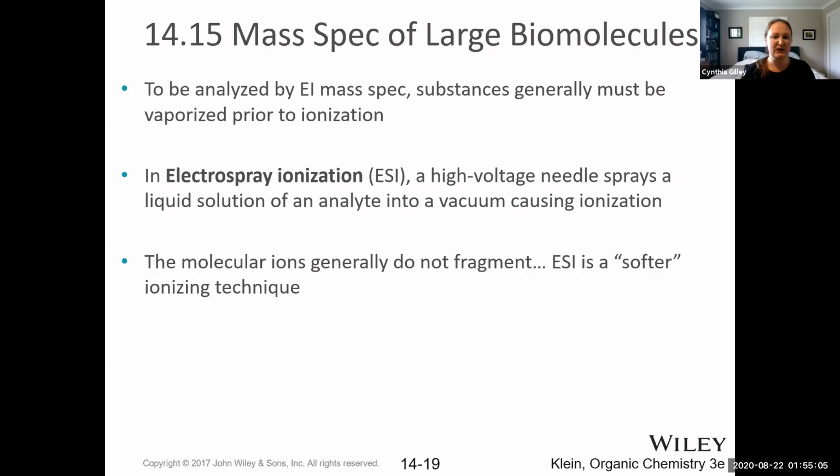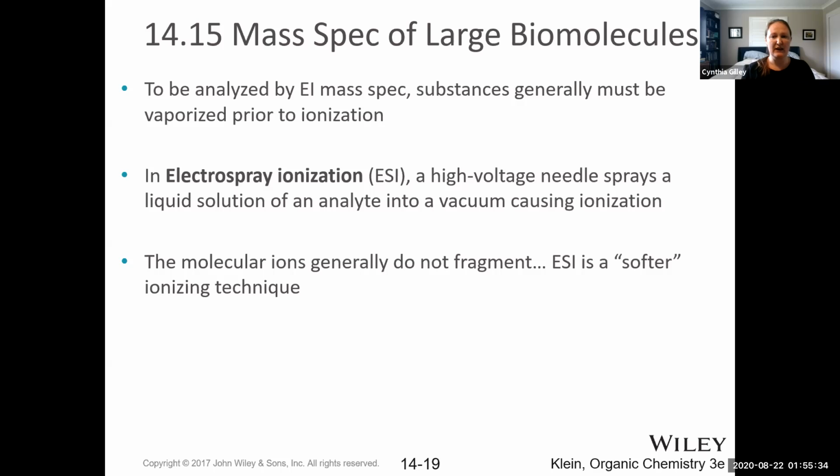So that's when they started generating other ways to ionize compounds besides bombarding them with a high energy beam of electrons. Another option is electrospray ionization, which we term ESI. In that process, a high voltage needle sprays a liquid solution of the analyte into a vacuum, and the high voltage needle causes the molecule to be ionized.